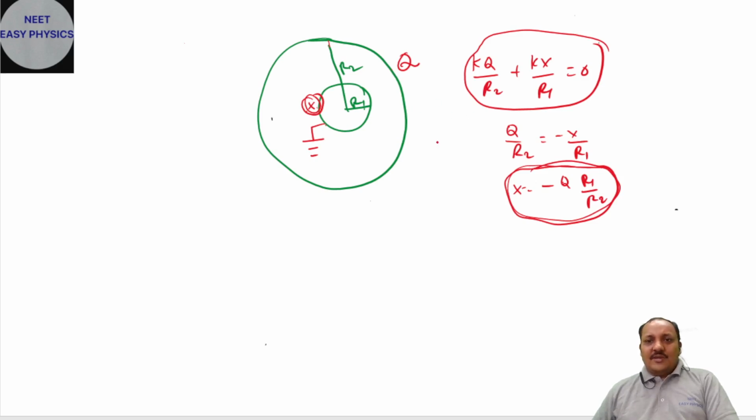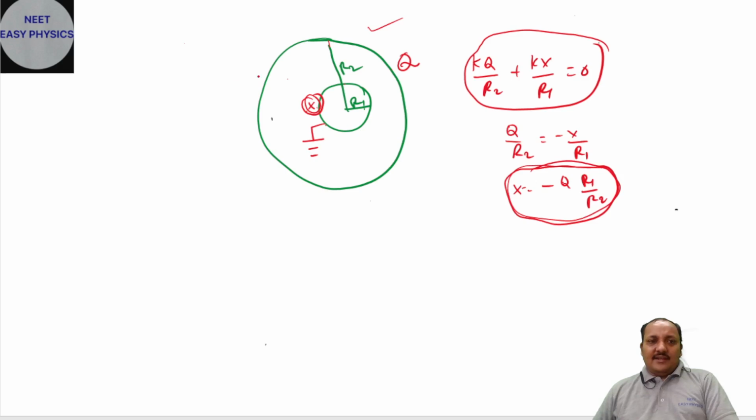Sometimes the outer sphere also they are going to ask. Whenever they give the outer sphere also, you have to use the same, Q1 by R1, Q2 by R2 should be equal to 0. Or they will give some amount of charge. Depending on the questions, we have to take. But the process or concept is going to be like this. So please practice problem after problem.